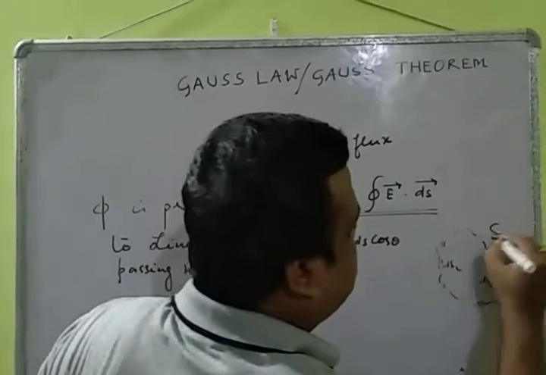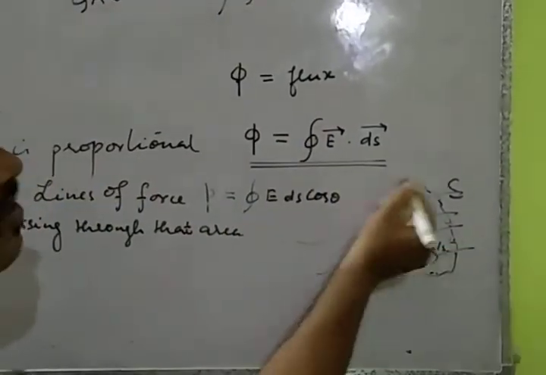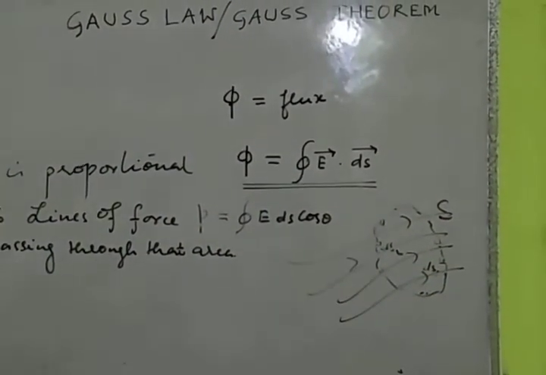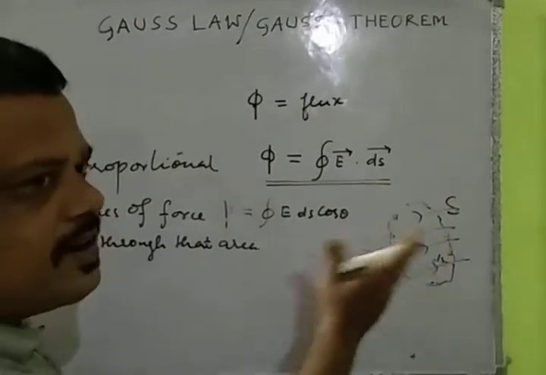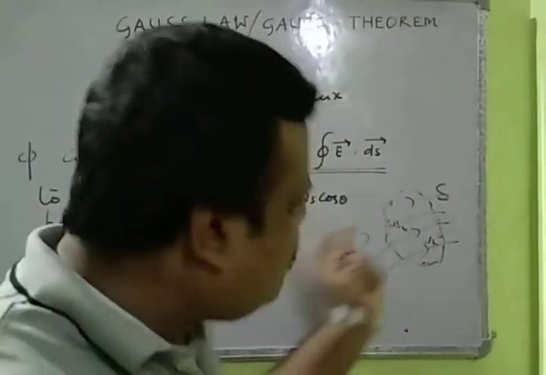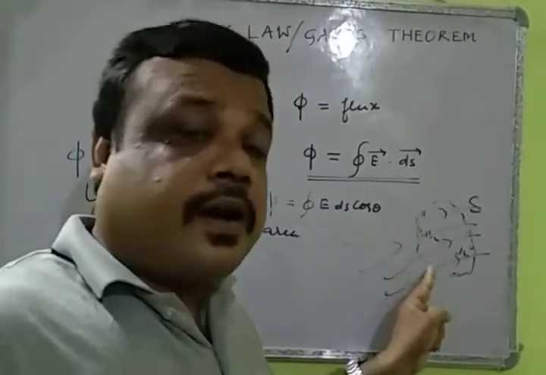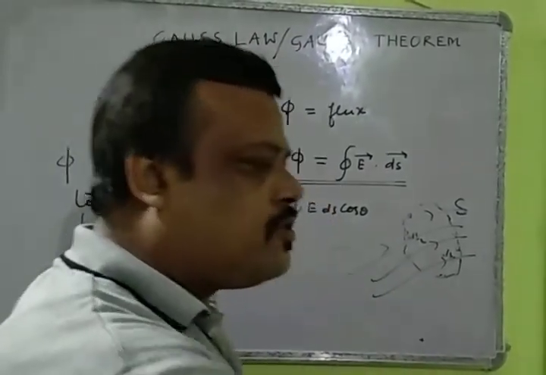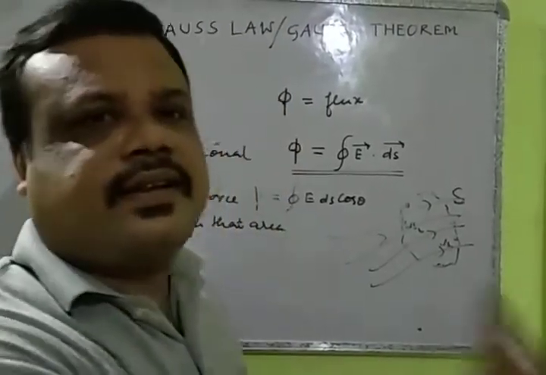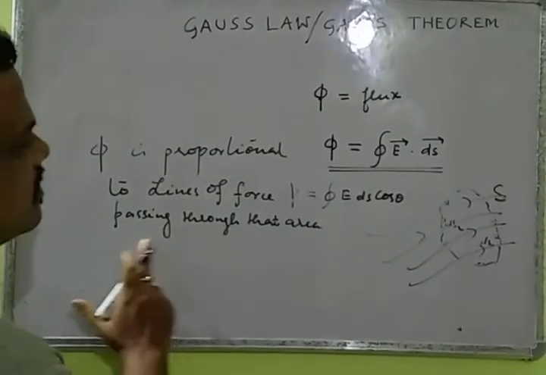If 4 lines of force pass through, it has some value of electric field intensity. But if instead of 4 there are 40 electric lines of force passing through the area, the electric field is 10 times higher. More lines of force, more electric field intensity. Fewer field lines, less intensity. That is why the flux is proportional to the lines of force passing through the surface.